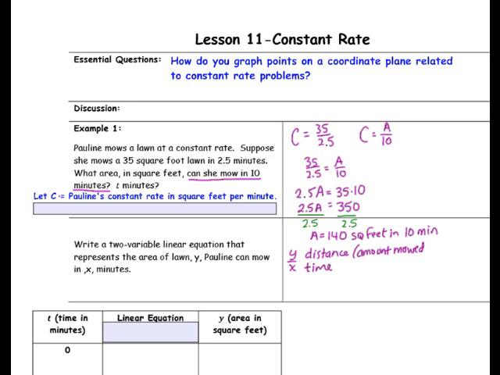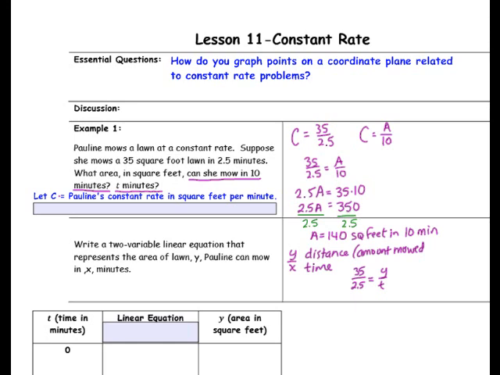In this lesson, we will be using t for time. So the rate is 35 over 2.5, and that represents 35 square feet in 2.5 minutes. That is Pauline's rate. Then that is proportional to y over t, which is the amount mowed in t minutes.